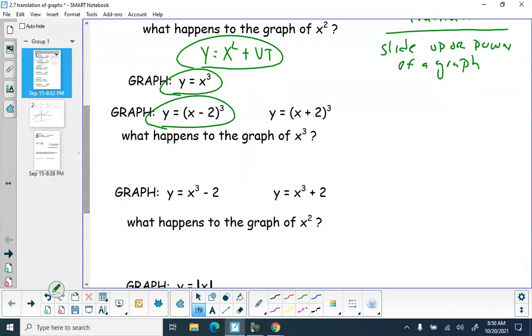What we should see here is we should once again see a horizontal translation of 2 here. Okay, and we have x minus a negative 2 here. We should see a horizontal translation of 2 to the left here.